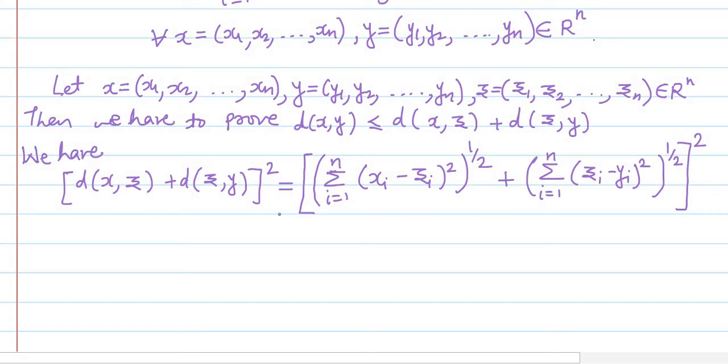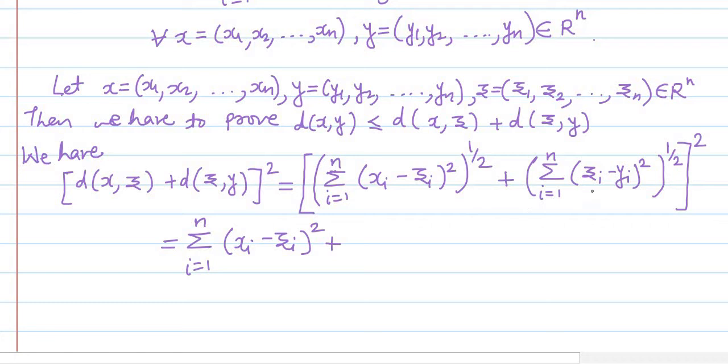Now we'll simplify this right hand side. So this is the same as the square of the first term, plus the square of the second term, and then 2 times the product of these two terms. The square of the first term will be the summation over i equal to 1 to n of (xi minus zi) square, since the outer bracket raised to 1 by 2 is squared.